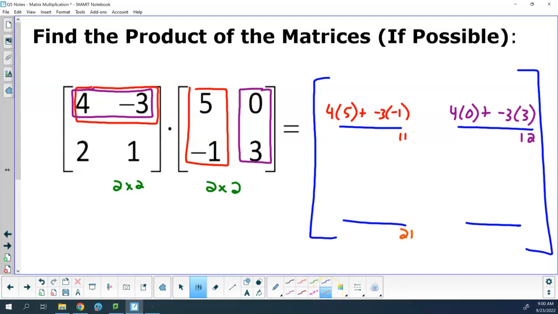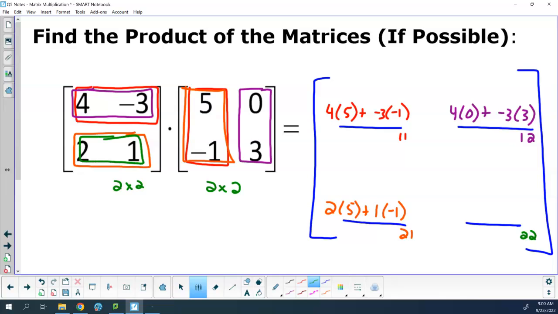Row 2, column 1. 2 times 5 plus 1 times. I didn't use green. Row 2, column 2. So row 2, column 2, 2 times 0 plus 1 times.